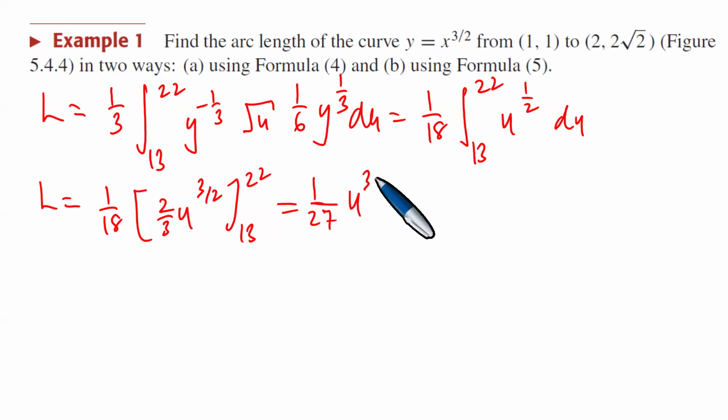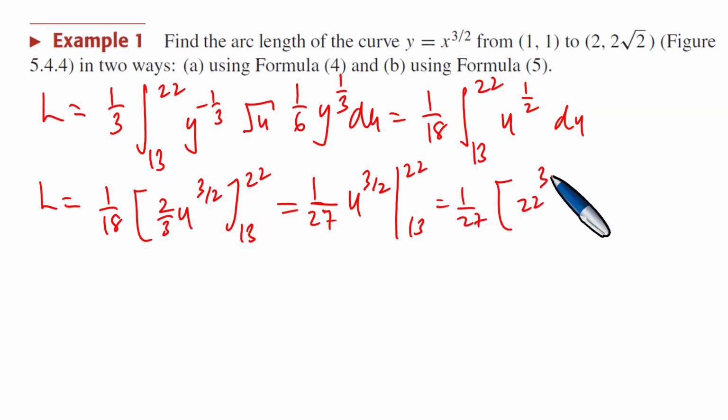So u to the power 3 out of 2. One out of 27, 22 to 3 out of 2, minus 13 to 3 out of 2.